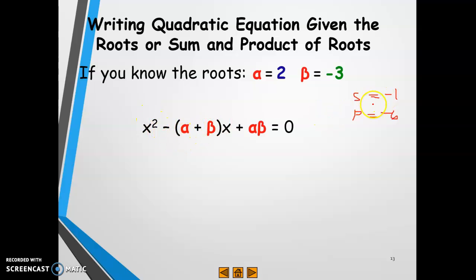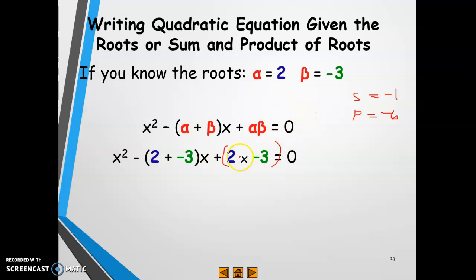You can simply replace the sum here, which becomes -1. Or if you are given the roots, you can write it directly like this: 2 plus the -3, and take note of the sign, this should be negative. Then the product here is 2 times the -3.